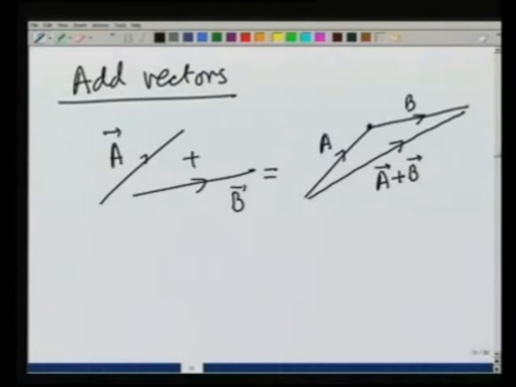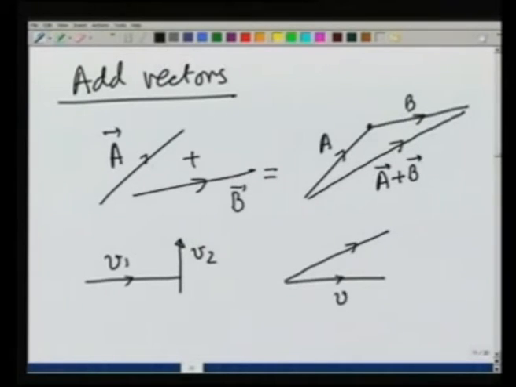You may ask, why do I add this way? Does it make sense? It certainly does. Suppose there is a ball moving like this with velocity v1, and I hit it so that it acquires a velocity v2 in this direction. Experience tells me that it would be moving in a direction like this, which would be a sum of v1 plus v2.